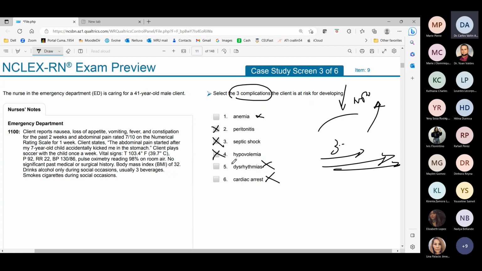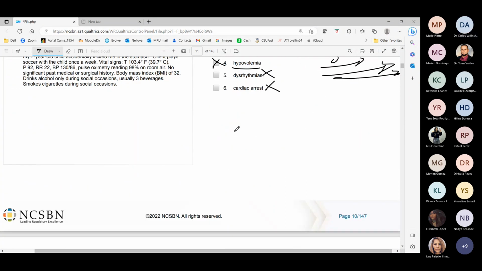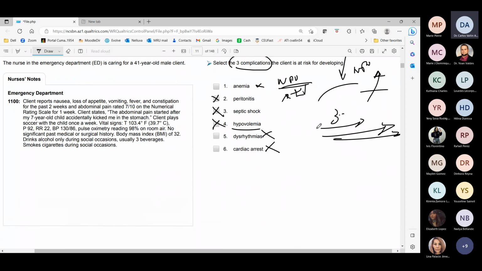Those are the reasons hypovolemia is compatible as a complication of appendicitis. That's why, with appendicitis, you put the patient NPO but anticipate that IV fluids need to be initiated. Fever, dehydration; vomiting, dehydration; being NPO, dehydration. If you don't agree or want an explanation, talk to me.